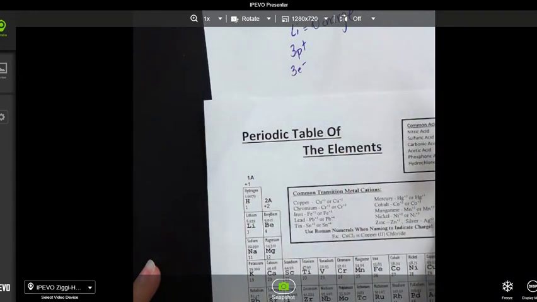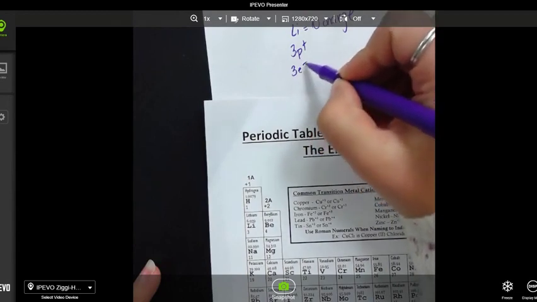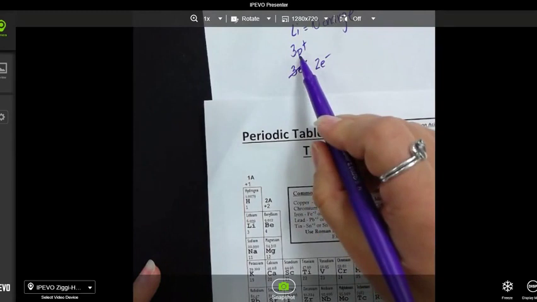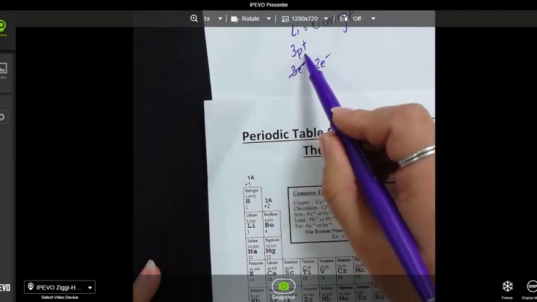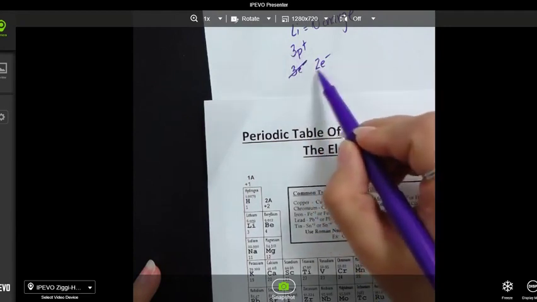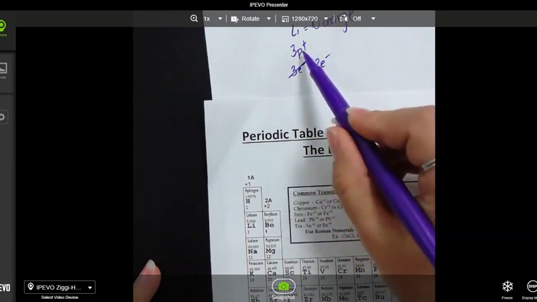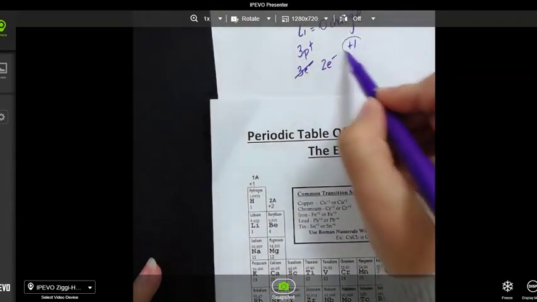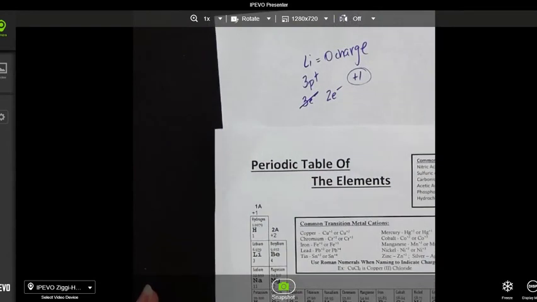But what if we change the number of electrons? What if instead of having 3 electrons, now lithium has 2 electrons? Our positives and our negatives no longer cancel each other out to make 0, because 3 positives and 3 negatives makes 0. If we have 3 positives and 2 negatives, you still have 1 positive left over. So we would say that lithium has a charge of positive 1.